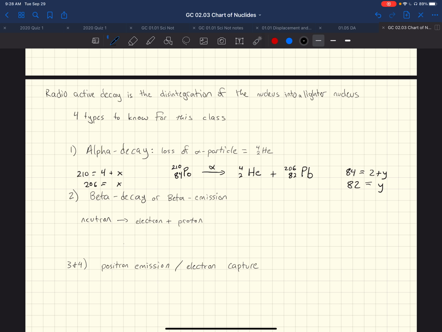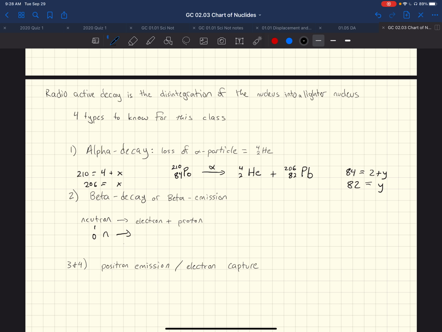The next one is beta decay or beta emission. And in beta decay or beta emission, what happens is a neutron turns into an electron plus a proton. So that is the symbol for a neutron.